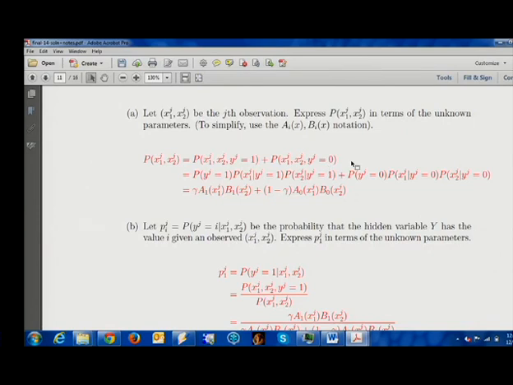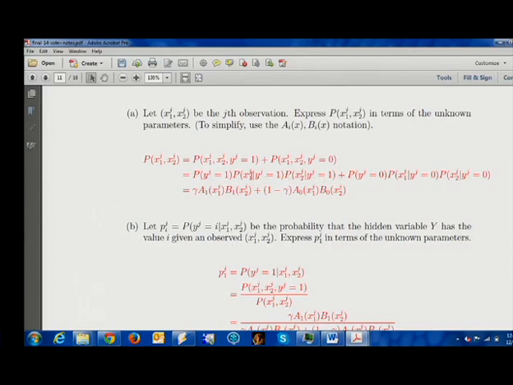Now I can write these joints as a function of the parameters, given that I know the model. The probability of x1, x2, y is the probability of y times the probability of x1 given y times the probability of x2 given y.